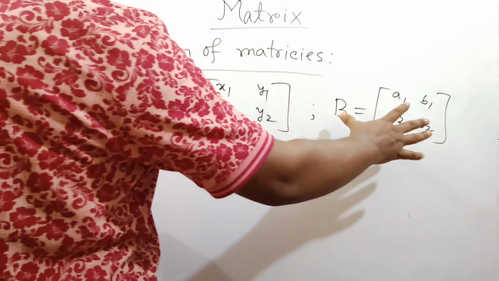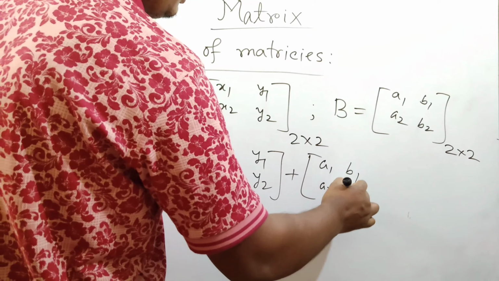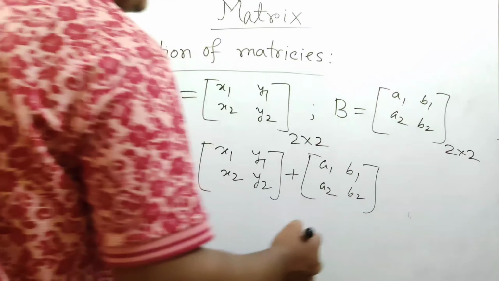Okay. So if you do the addition, it should be x1, x2, y1, y2 plus matrix B, that is a1, a2, b1, b2.